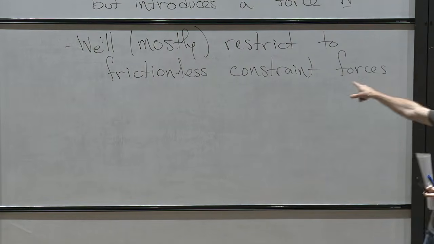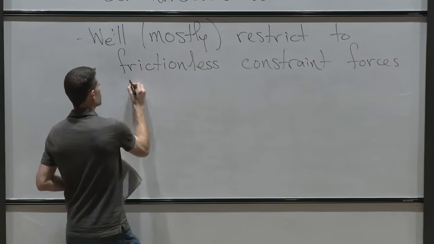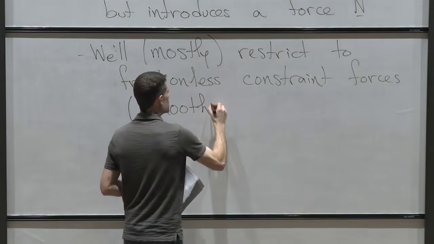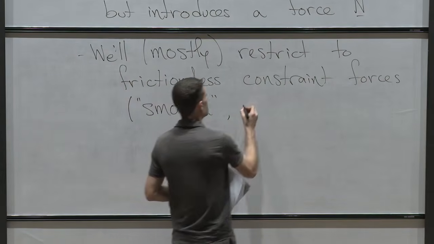So for instance, if you're doing a problem, the kind of words you want to look for are a smooth surface, or sometimes we just say frictionless.